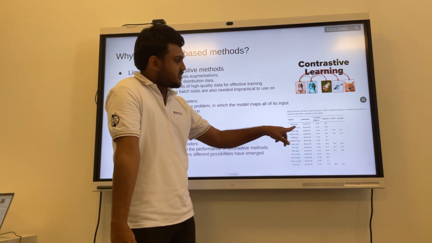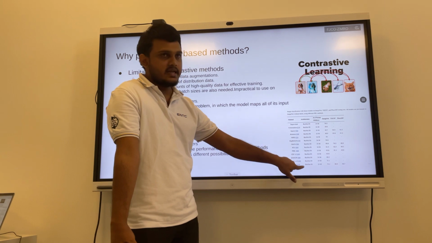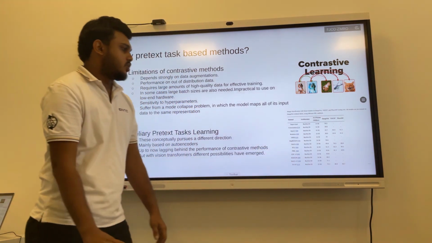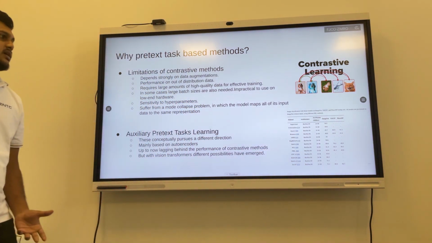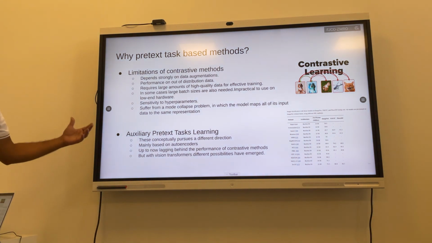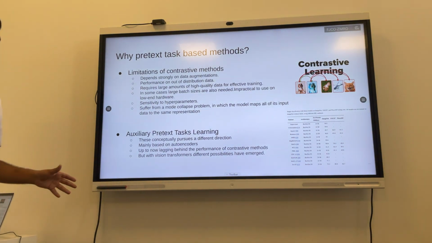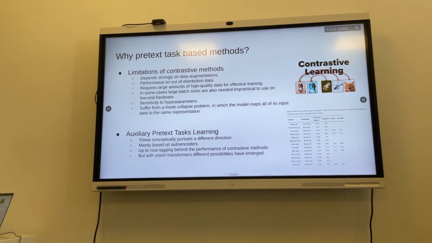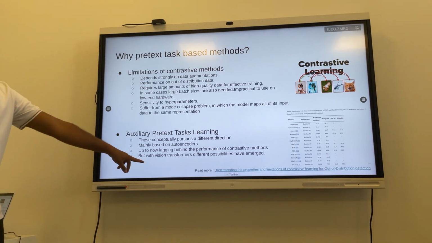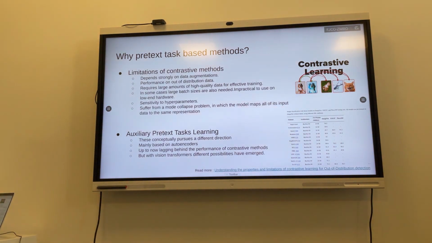But one thing to notice is the backbone used is a CNN based backbone. So that may be the reason why pretext task based methods up to now have lagged behind. But now we know that we have the vision transformer as well, so that brings different possibilities in. So you can read this paper for the out of distribution case.